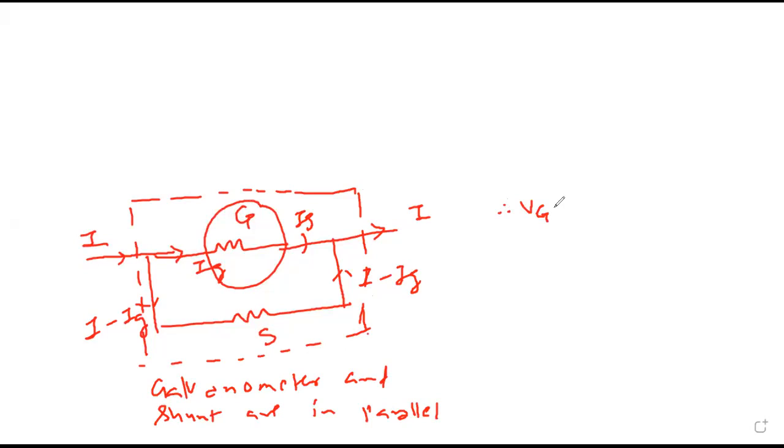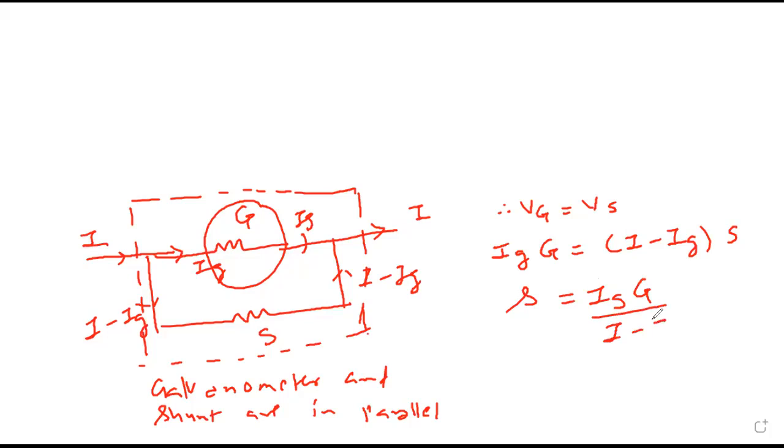Therefore, voltage across galvanometer is the voltage across shunt. So Ig into G is (I minus Ig) into S. Therefore, shunt value is S equals Ig into G upon I minus Ig.